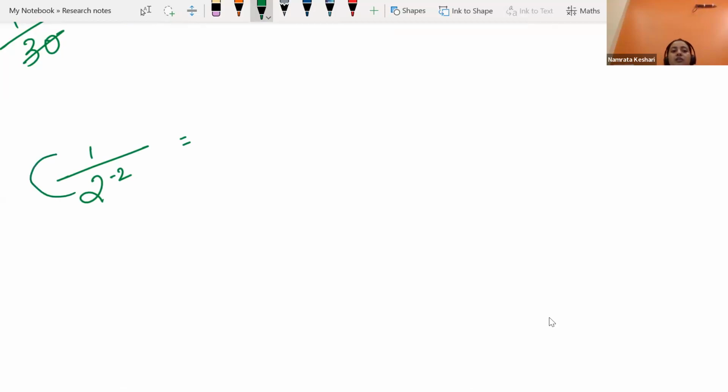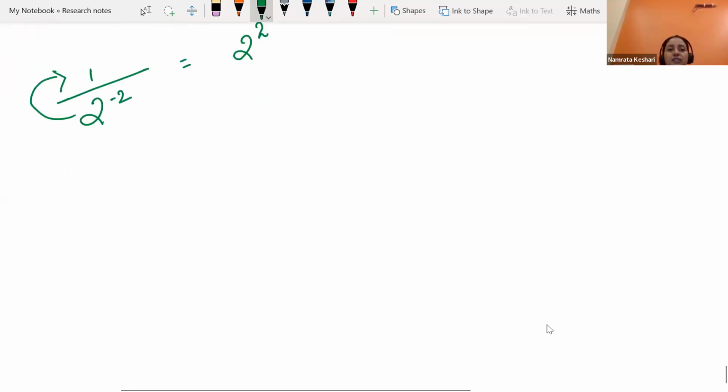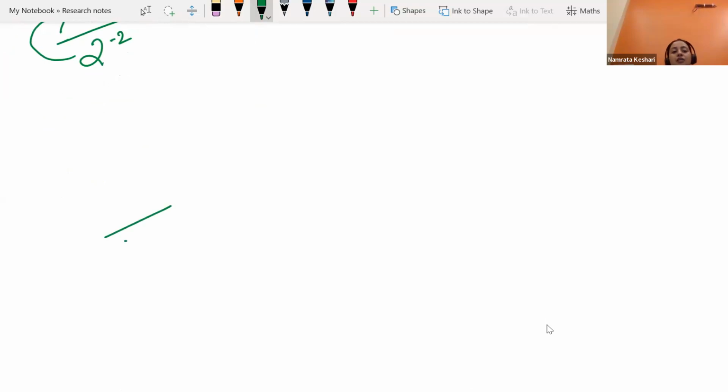So we can take this 2 to the power minus 2 to the numerator, and the power becomes positive. Again, if you have a square root term in the denominator, try removing it using some concept. Just like our scenario, we have this one.